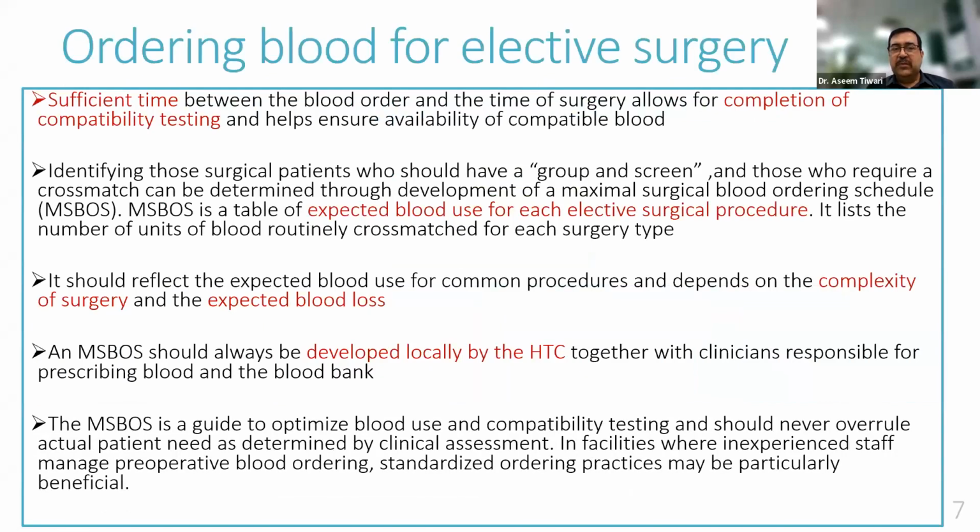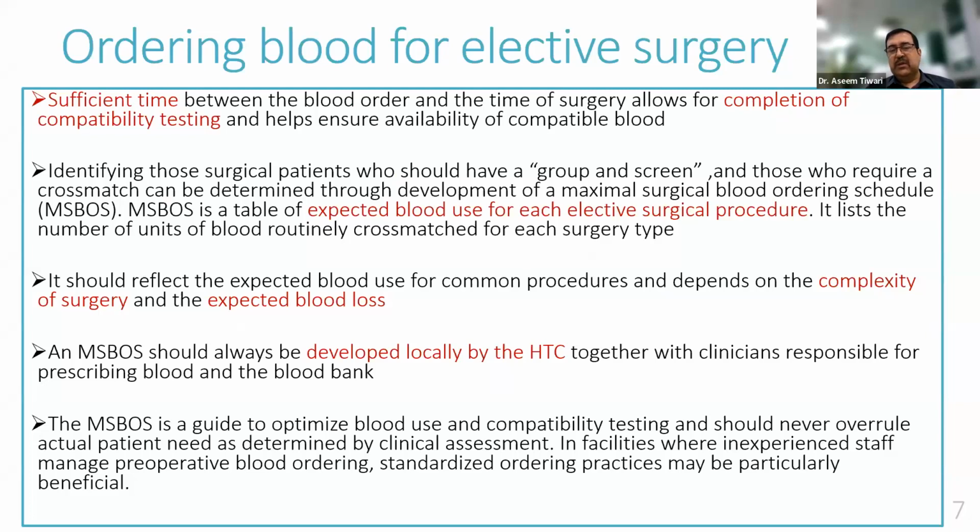Now, if we have to order blood for an elective procedure or a surgery, then of course we should ideally have sufficient time to allow completion of compatibility testing. It's a good policy to have an MSBOS, the Maximum Surgical Blood Ordering Schedule, which is the expected blood use for each elective surgical procedure. It reflects the expected use of blood for common procedures.